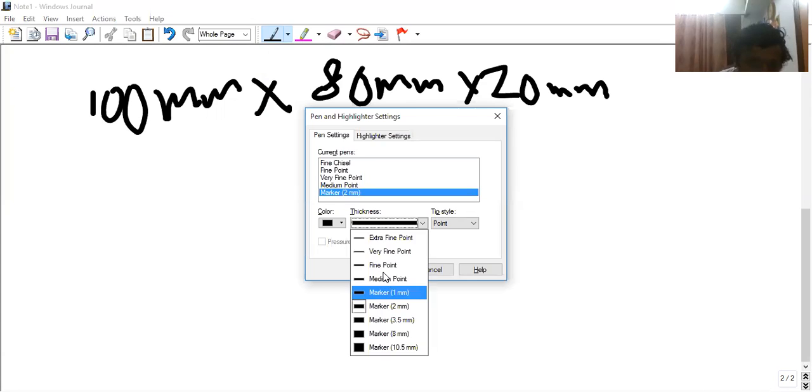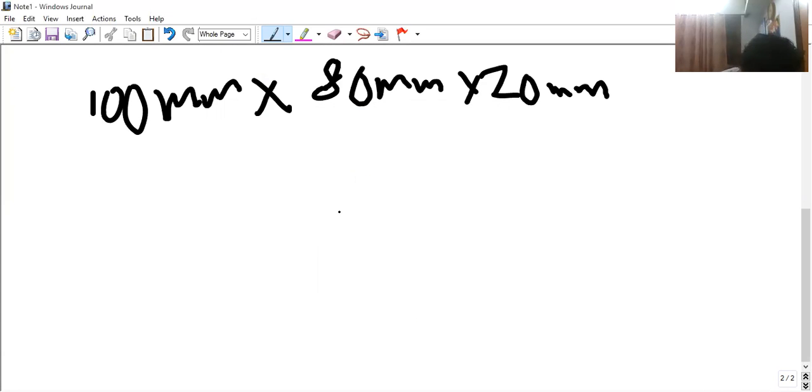Sometimes in the question itself the diagram will be given, so you have to be careful with what sort of question it is. Now very important: it is an unsymmetrical angle section, which means it will always be an L shape.